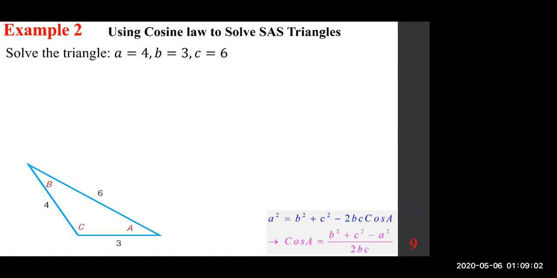So can anybody tell me what would be a good formula to get this started with? Remember, we have all the sides, yes? So we need all the angles. Does anything come to mind?